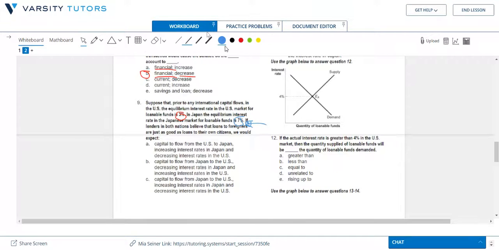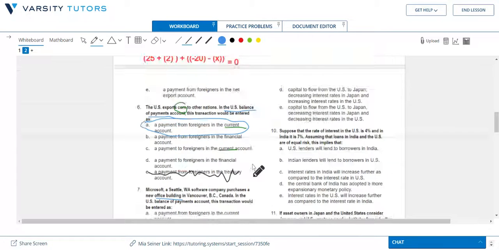So looking at this question with a little more attention, the capital flow is from the US to Japan, so it cannot be B or C. And then we would expect that interest rates would increase in the United States and decrease in Japan. I'm going to scroll up a little bit so you can see it. It would be capital flow from the US to Japan, which would effectively decrease interest rates in Japan and increase interest rates in the US. So it's answer D for sure.